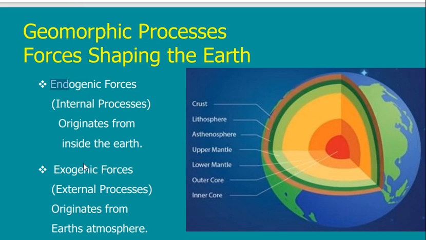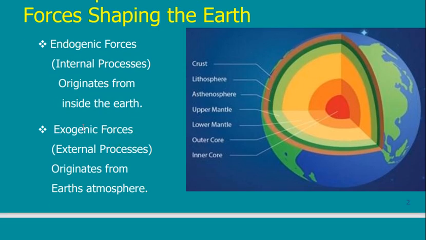Exo means external. So some of the forces that affected the earth are internal forces, which means they originate from the inside of the earth. And some of the forces are exogenic forces. So they come from the atmosphere, from outside, but they affect the shape of the earth.